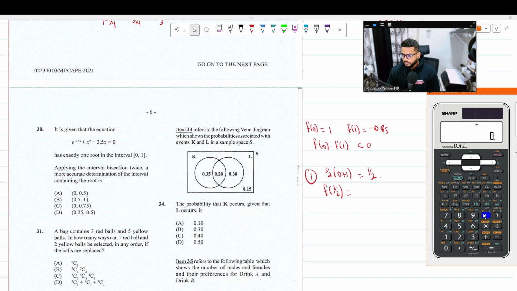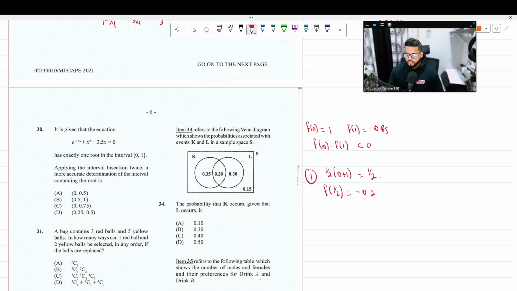So e to the power of 0.25 plus 0.5 squared, take away 3.5 into a half. Again, a negative number, minus 0.21.